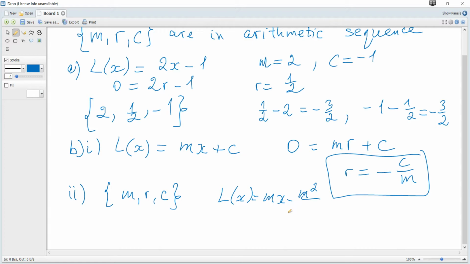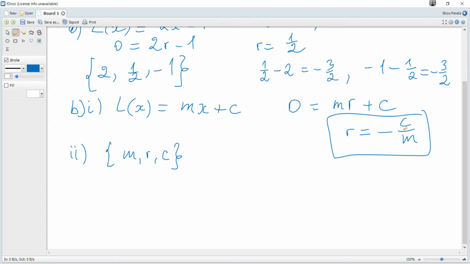So we should get this expression for L of x. And we can see that m remains the same, but we need to get c in terms of m only. And here we can see that c can be represented in terms of m and r. So we need some additional equation to get rid of r here.